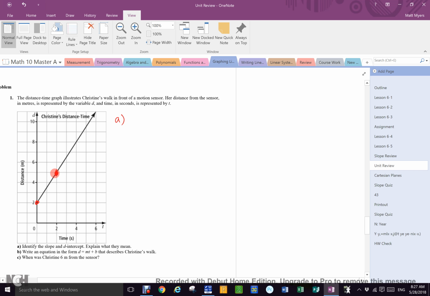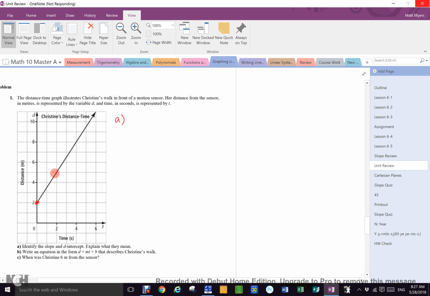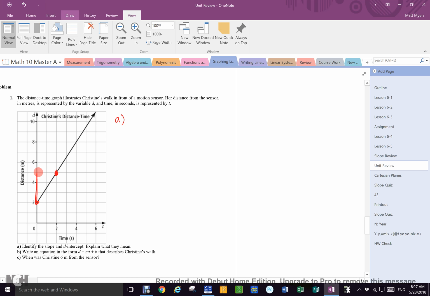What is my rise? 2, 3, 4, 5. 3. Is that positive or negative? Positive. What is my run? 2. So my slope is 3 halves, yes?